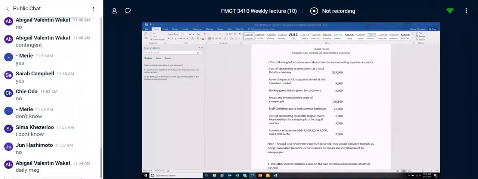Now, to make your life easier on the final exam, because these rules are not as commonly used now, I will accept if you just say section 19 as a whole, okay? So rather than force you to say it's 19 or 19.01 or 19.1, as long as you tell me no, foreign medium, aimed at Canadian market, not deductible, I will accept if you just tell me section 19.